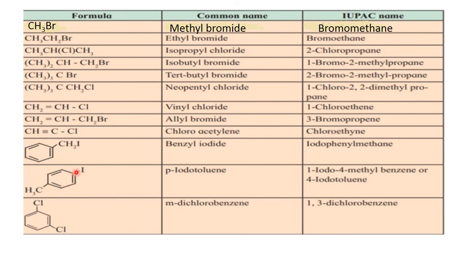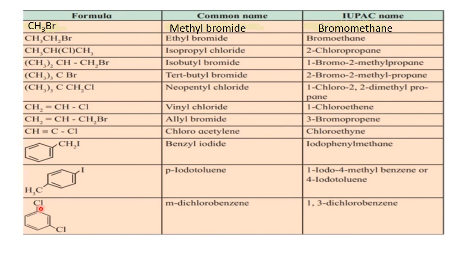This fourth position is the para position, and iodine is present at this para position, and therefore it is named para-iodotoluene. For the IUPAC name, this one is the first position, second, third and fourth. At the fourth position iodine is present. So 4-iodotoluene, and it is also called 1-iodo-4-methylbenzene.